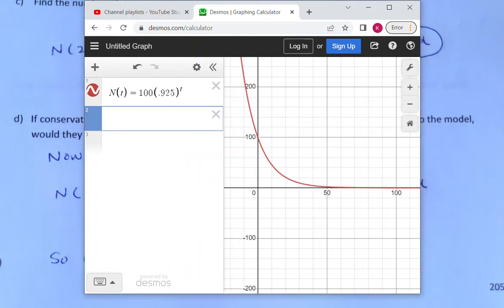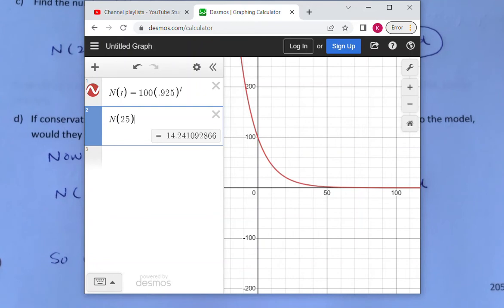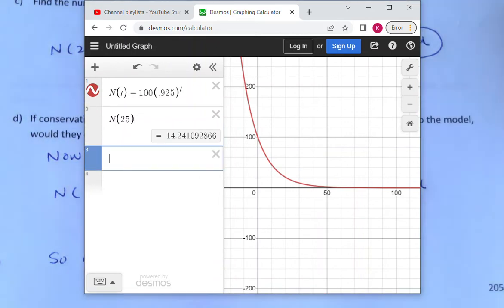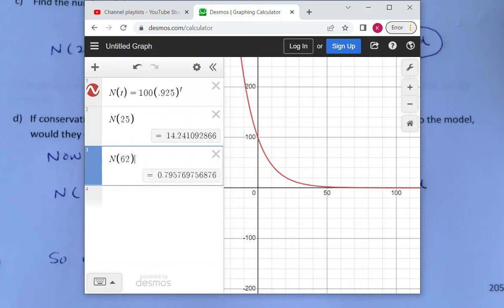We can verify a couple of things we just said, right? N of 25. There's that 14.24 that was our prediction for 1985. And then for 2022, we did N of 62, right? There's that 0.795 or 796. So we've gotten down to a very small number of rhinos, but not zero. Think about this graph for a second. Does this graph ever actually become zero?